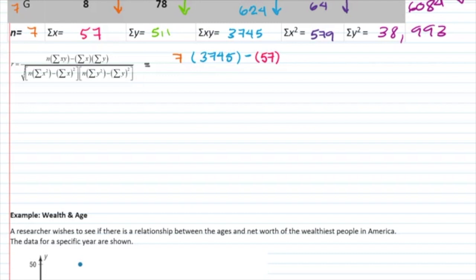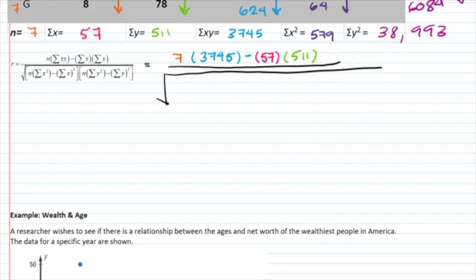Times the sum of y, which is 511. All of this is going to be divided by the giant square root bracket, 7 times the sum of the x's squared. So that's actually this one over here in purple.